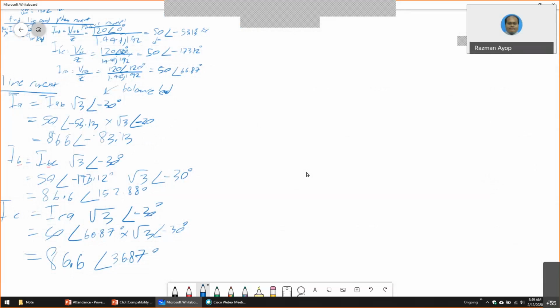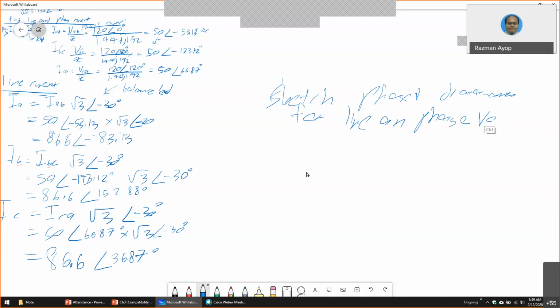And sometimes the question asks you to draw the phasor diagram. So first, how to draw the phasor diagram? They usually don't ask you to draw, but sketch the phasor diagram for line and phase voltage and current.